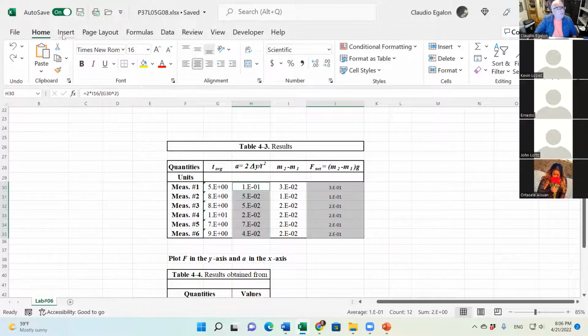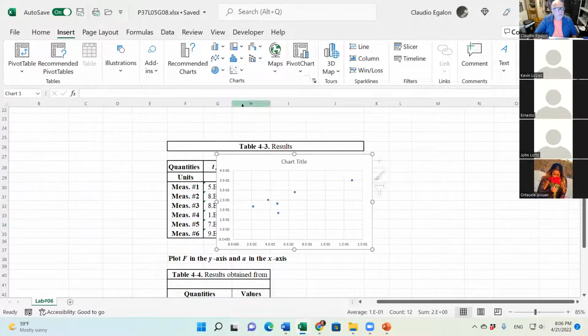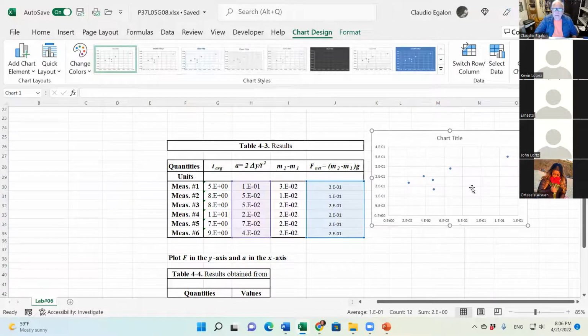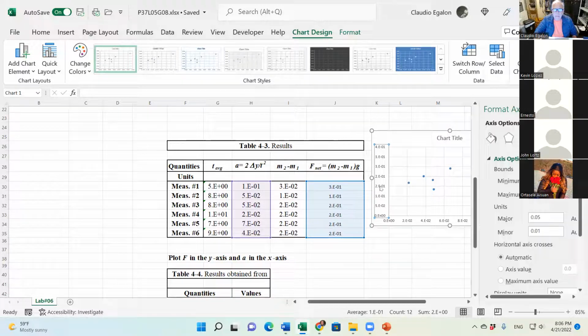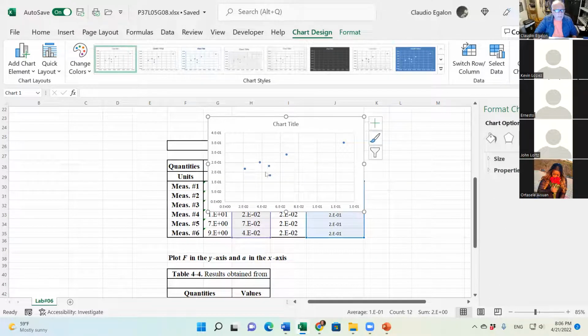So I'm going to plot this one here for you. Insert chart. Here you go. Yeah, this data is not very good. Do you see that? It's possible that you get something that's not that good. Do you see those 2 points? Those are what they call outliers.